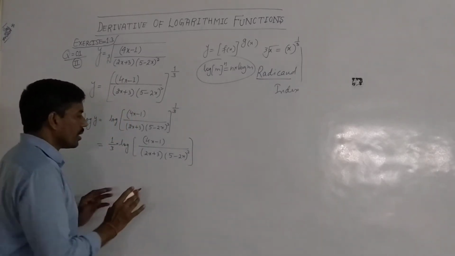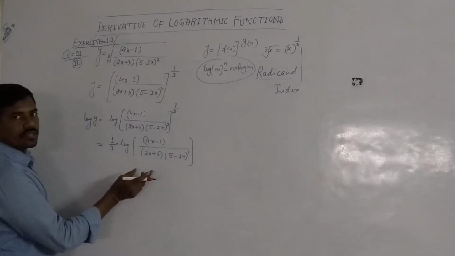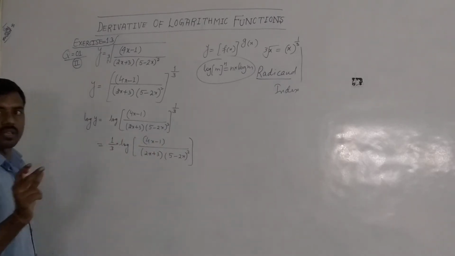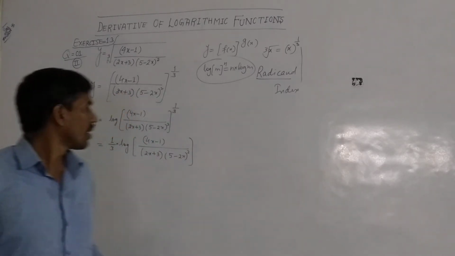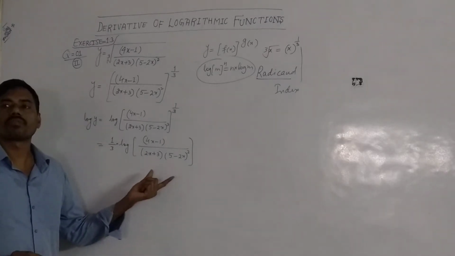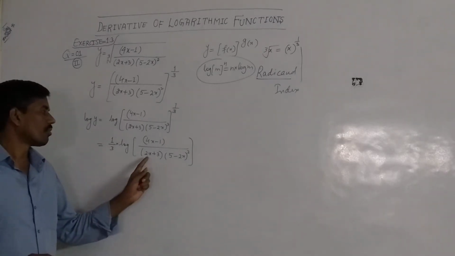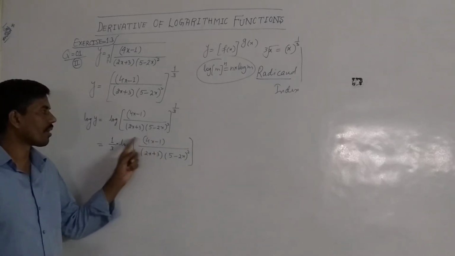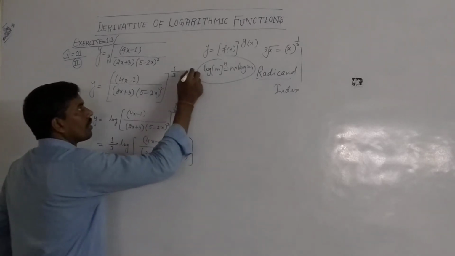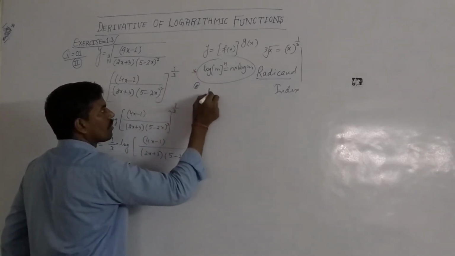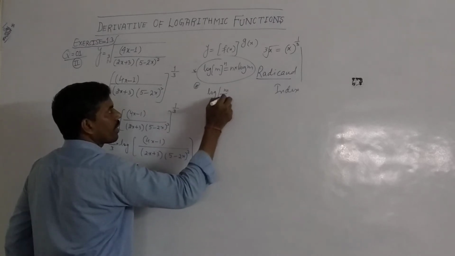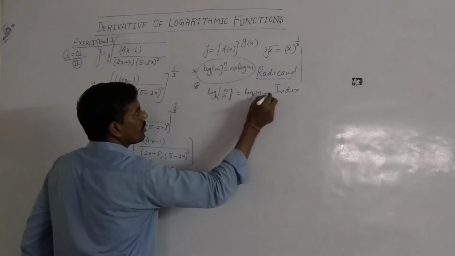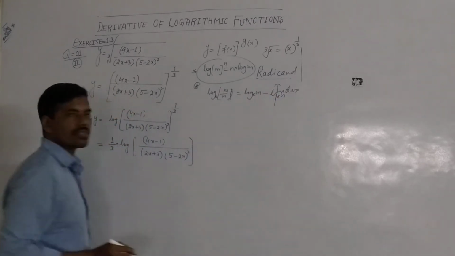Here, if we realize, this one is our m by n, this one is m, numerator is 4x minus 1 and denominator is a product of two functions, two linear functions, 2x plus 3, 5 minus 2x power 2. So log of m by n to the base e is equal to log of m to the base e minus log of n to the base e.